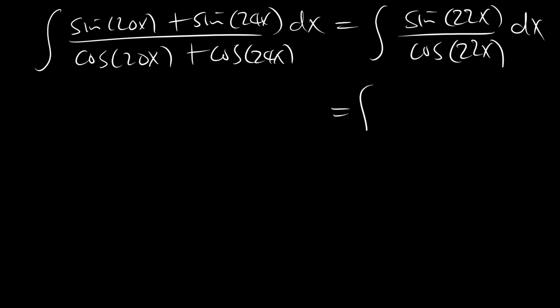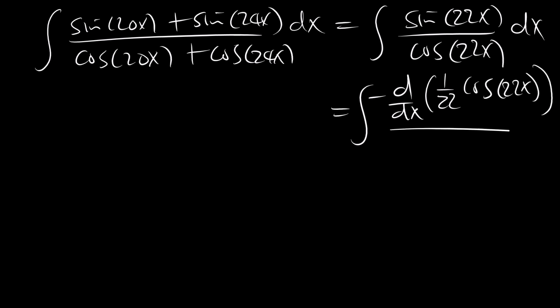And we see the numerator to be the negative of the derivative of 1 over 22 cosine of 22x. Right?